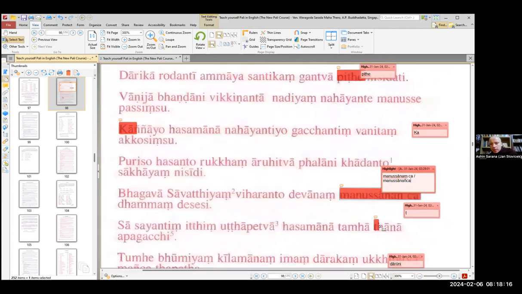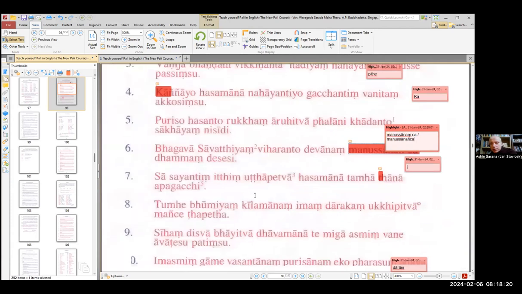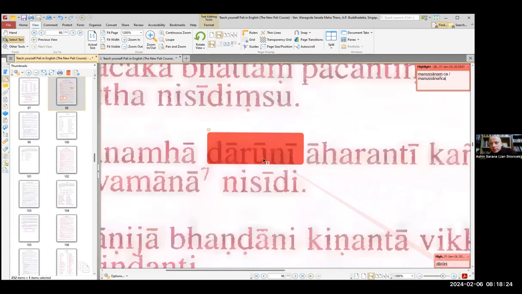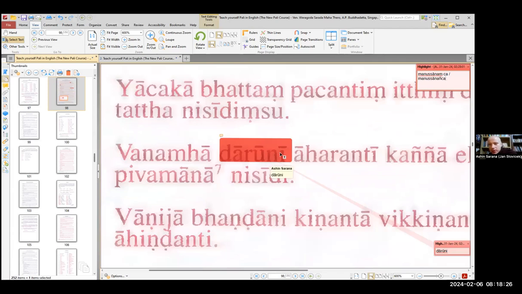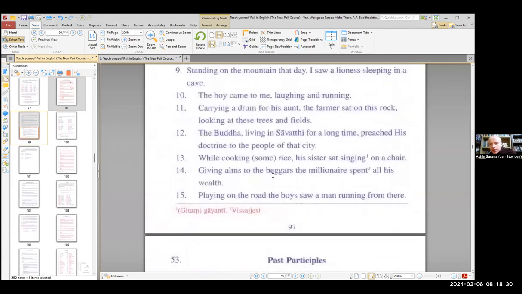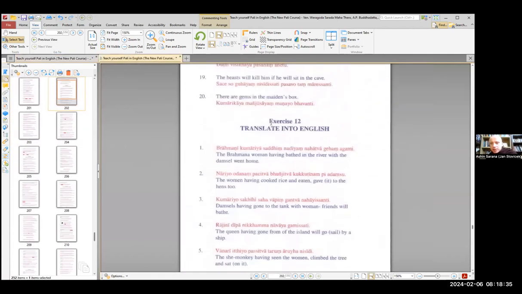Then here we need to have a dot below, ṭhāna. Then here we need daruni. Okay, not long, short at the end. And here it's fine. Let's see with the results.